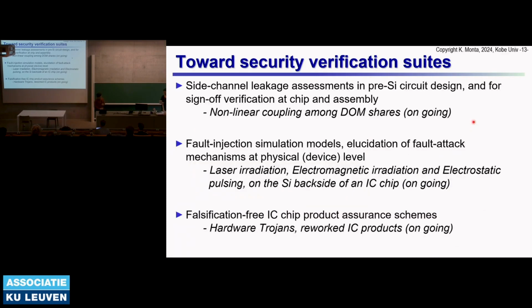Okay, this should be my last slide. As I mentioned, we have many different types of simulation techniques. The problem here is how we can use this for security verification suites. The side channel leakage assessments should be done pre-silicon in the design phase, and of course later on, before the sign-off. Sign-off meaning that your design will finally be manufactured in the semiconductor companies.